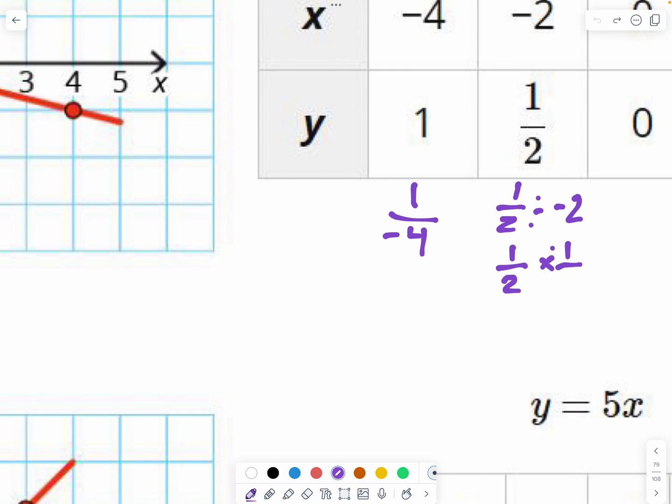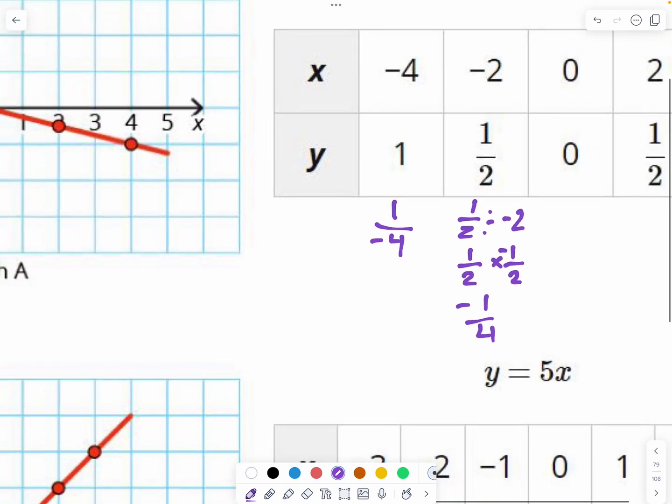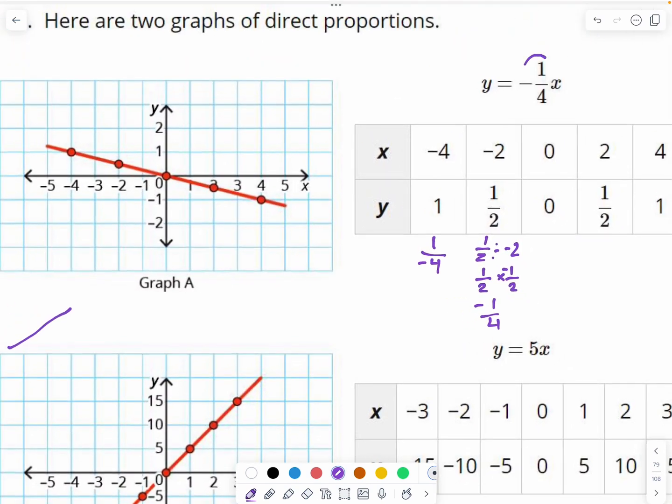Dividing by negative 2, I multiply by the reciprocal, I get negative 1 over 4. That negative 1 over 4 here or here is my constant of proportionality.